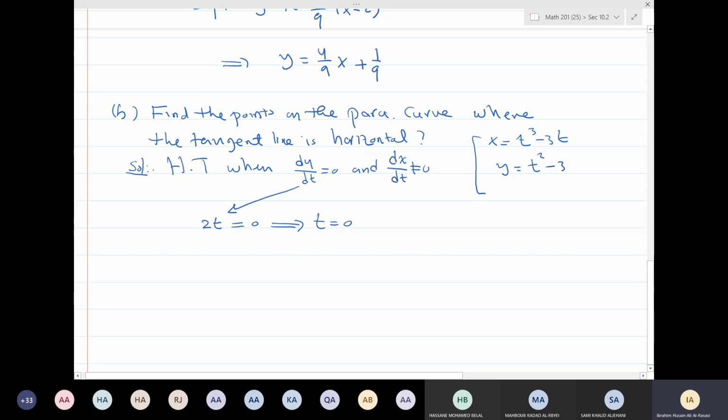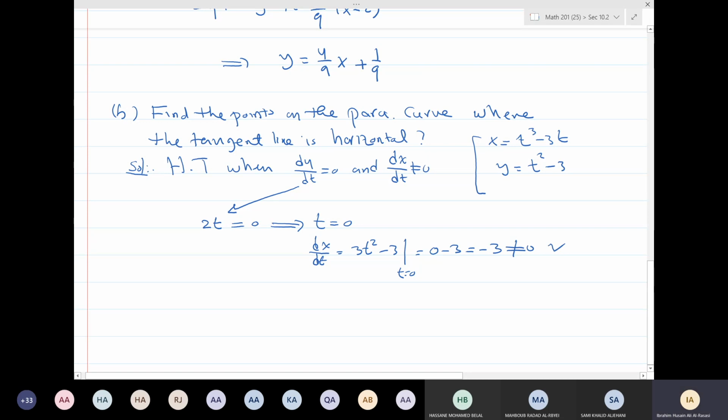I have to check whether t equal to 0 satisfies the second condition or not. What is dx/dt? It is 3t squared minus 3. Substitute t equal to 0, it will be 0 minus 3, which is minus 3, which is different from 0. So it satisfies the second condition.